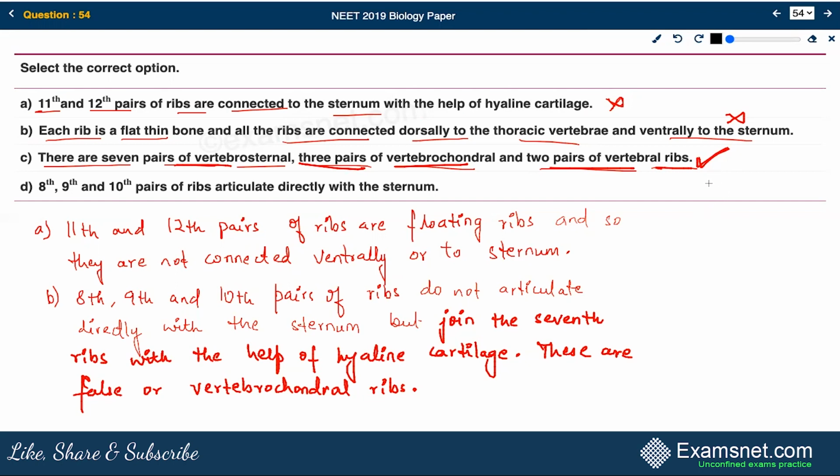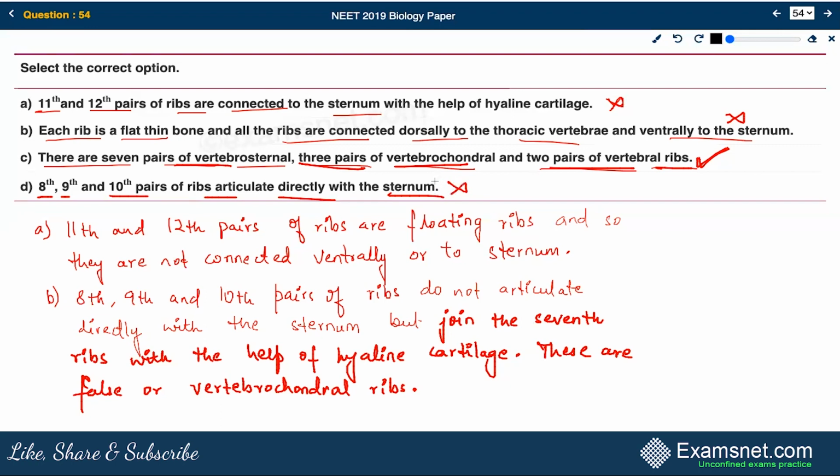That means there is a presence of 7 pairs of vertebrosternal ribs, which are connected ventrally. The first 7 pairs of ribs are ventrally connected to the sternum. So that is true. Then 3 pairs of vertebrochondral are there. This is also true. And 2 pairs of vertebral ribs, which are ventrally not connected, are considered to be floating ribs. So this is true. Now the last statement says that the 8th, ninth, and 10th pairs of ribs articulate directly with the sternum.